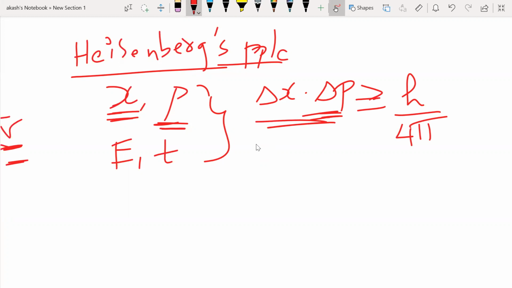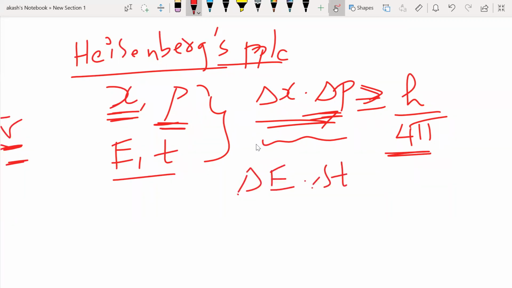If you measure them separately, maybe one thing will be zero, but if you try to measure them simultaneously, there will always be some error, and this is the minimum error value you can have: h/4π. The same goes with energy and time: ΔE·Δt will always be greater than or equal to h/4π. So that is about Heisenberg's uncertainty principle.